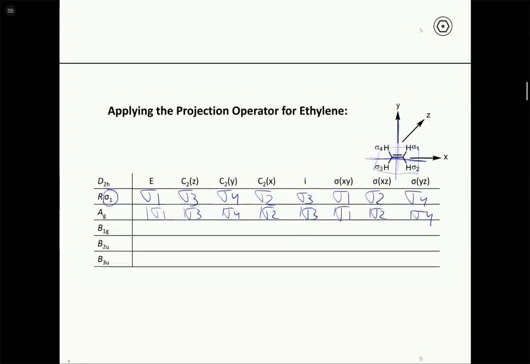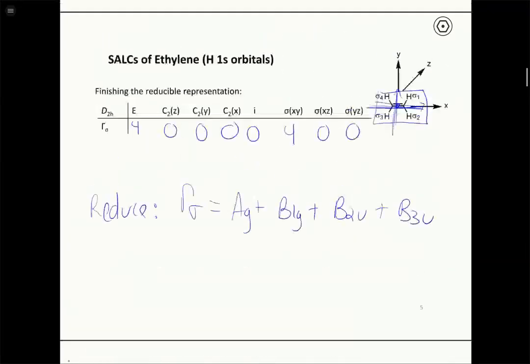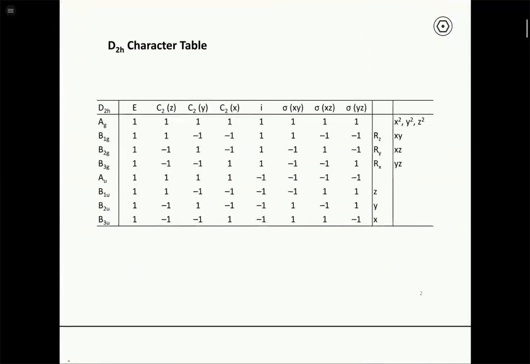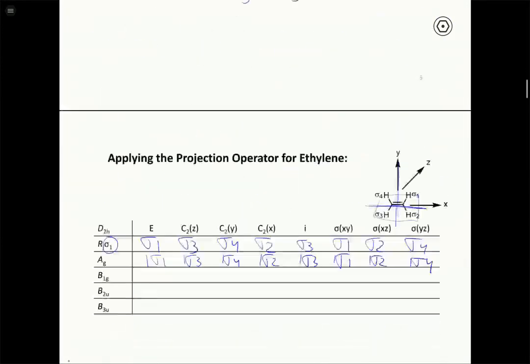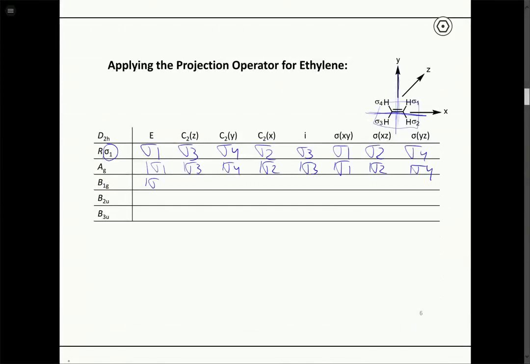And then from the character table, we have these 3. We have the B1g, so we have to find the characters for that. B1g is 1, 1, minus 1, minus 1, 1, 1, minus 1, minus 1. So B1g is going to have 1 sigma 1, 1 sigma 3, and then minus sigma 4, minus sigma 2.